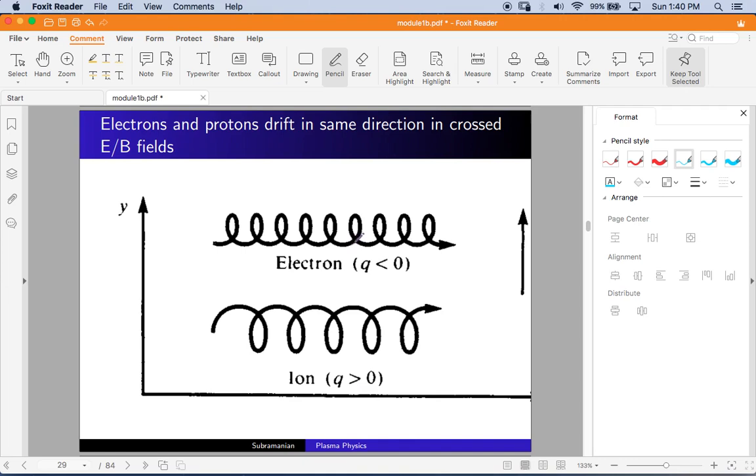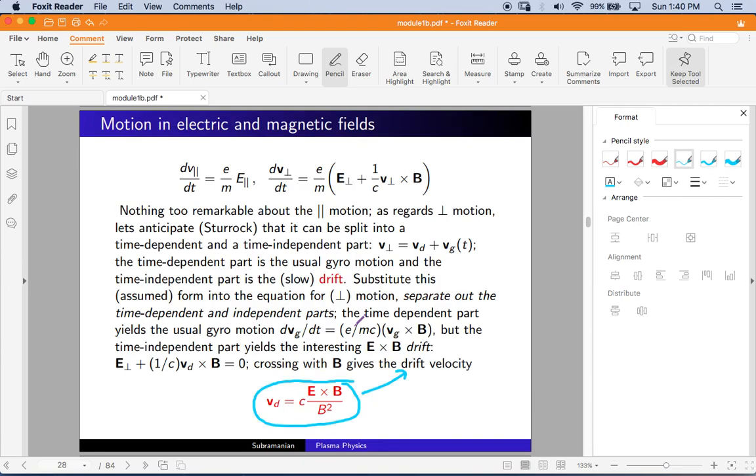So you see, if you have crossed electric and magnetic fields, you can verify that electrons and protons drift in the same direction. Very important to understand this. Why is this? You see, there is no Q here. The Q does not enter, the sign of the charge does not enter.